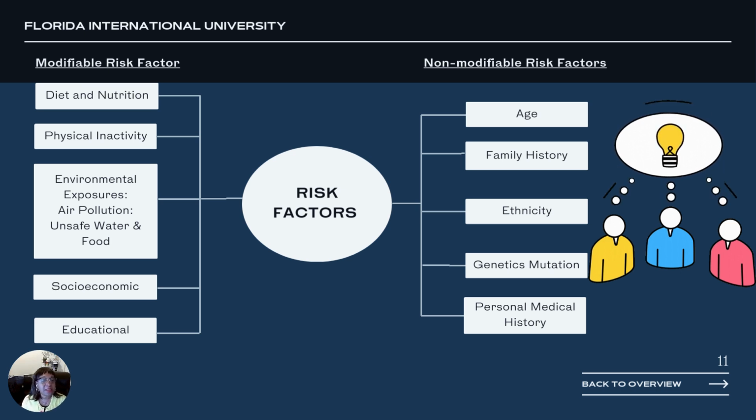So all of these things are risk factors that can be changed. These risk factors can be addressed, and there are things that can be done on an individual level, community level, and also governmental and health ministry level to mediate these factors.